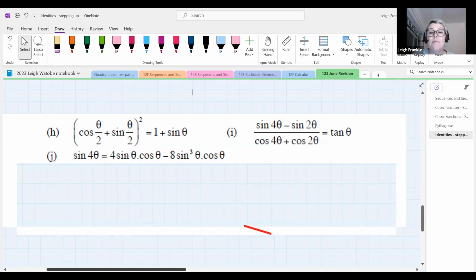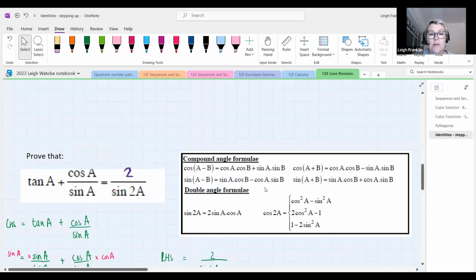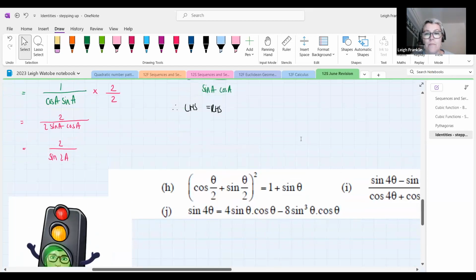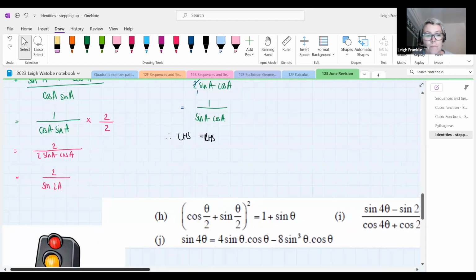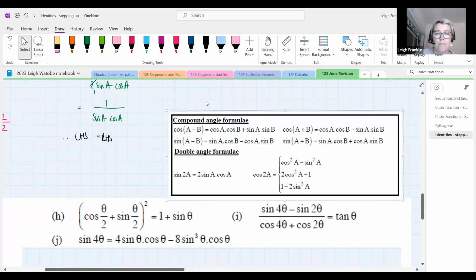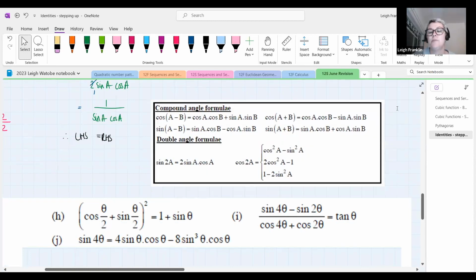Let me go and grab the formulae. Sorry, guys, just get those. There we go. All right, so either H or I, please matrix, off you go if you haven't started already.